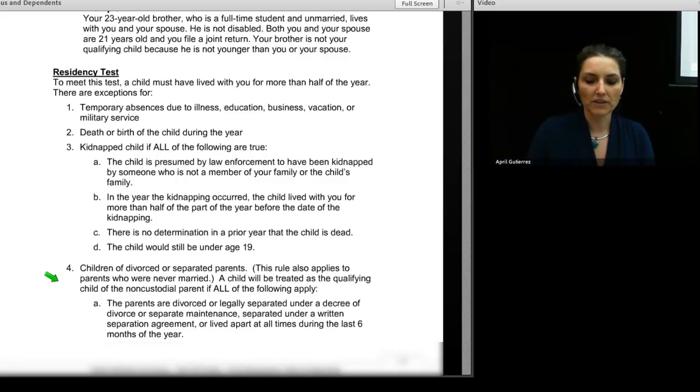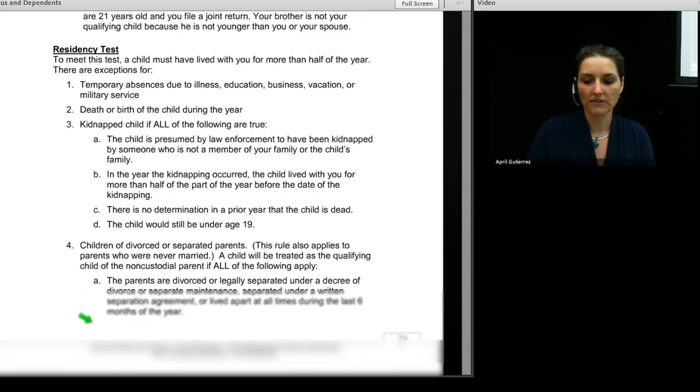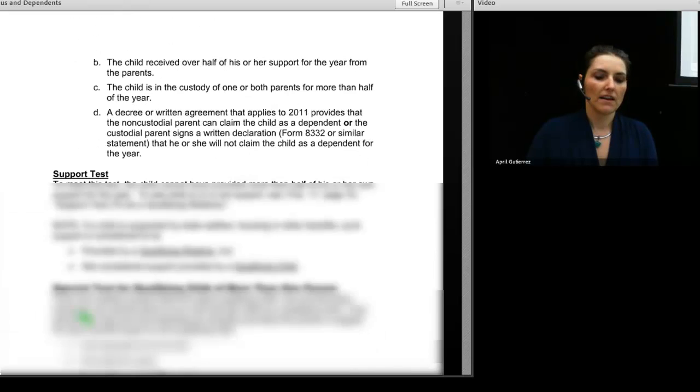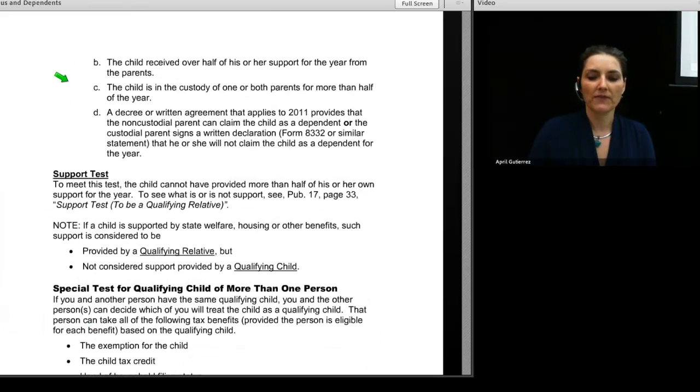A child will be treated as the qualifying child of the non-custodial parent if all of the following apply. The parents are divorced or legally separated under a decree of divorce or separate maintenance, separated under a written separation agreement, or lived apart at all times during the last 6 months of the year. The child received over half of his or her support for the year from the parents.